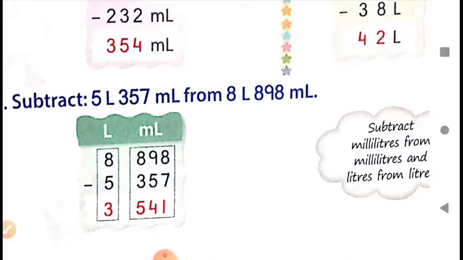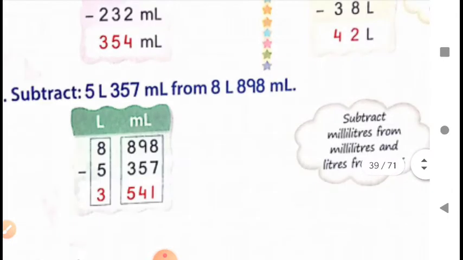That means we subtract milliliter from milliliter and then we subtract liter from liter. Okay, we do not subtract milliliter from liter or liter from milliliter. हम same unit से ही subtraction करते हैं. That is, अगर milliliter है तो we subtract milliliters from milliliters and liters from liters.